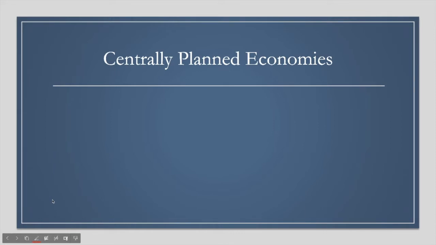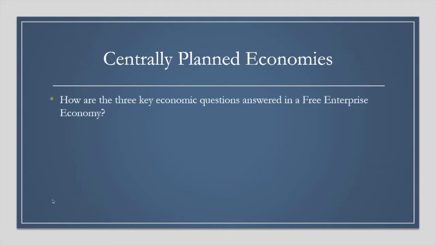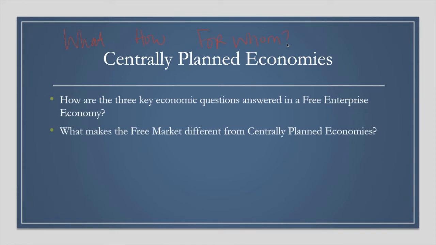Okay, so first, let's look at some characteristics, but review. When we looked at free enterprise systems, we looked at the three key economic questions, which were what, how, and for whom. How are those questions answered in a free market? Well, it's answered by producers and consumers.